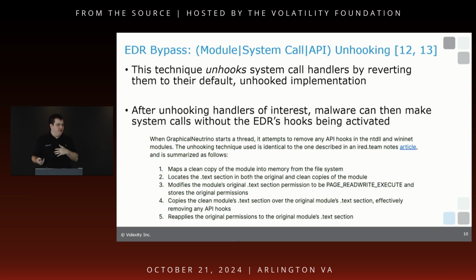The EDR made all the effort of hooking what's probably 100 plus system calls in memory, and in a few operations, the malware is going to make it where the EDR is not present in that process at all. So now you have the clean NTDLL from disk running in this process as memory. The malware can do whatever it wants and make all the system calls, and your EDR is totally blind.